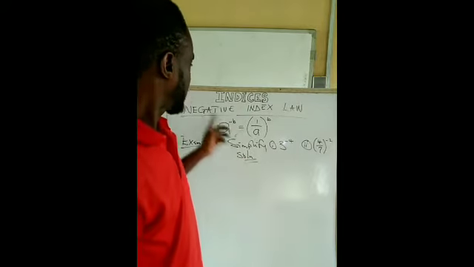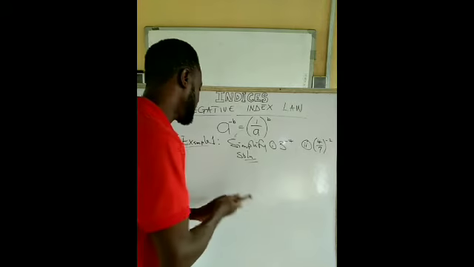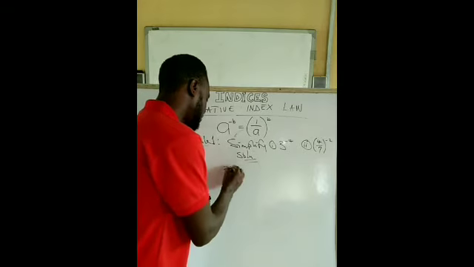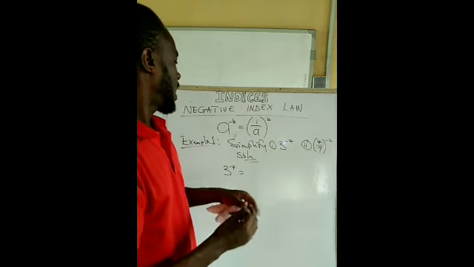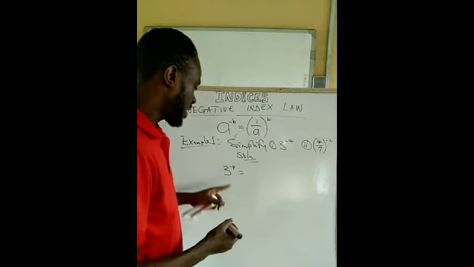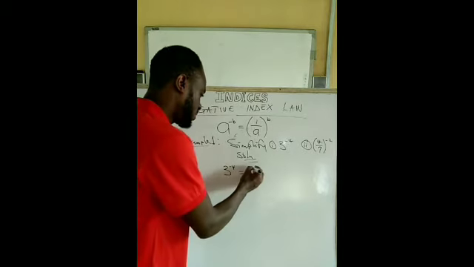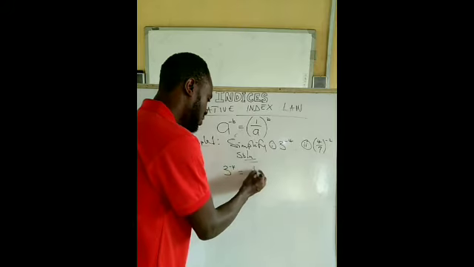From our negative index law, we know that if a number is having a negative power, we are going to do what? Follow the two basic steps. What are they? Step 1, take the base, get the multiplicative inverse of the base, which is 1 over 3.